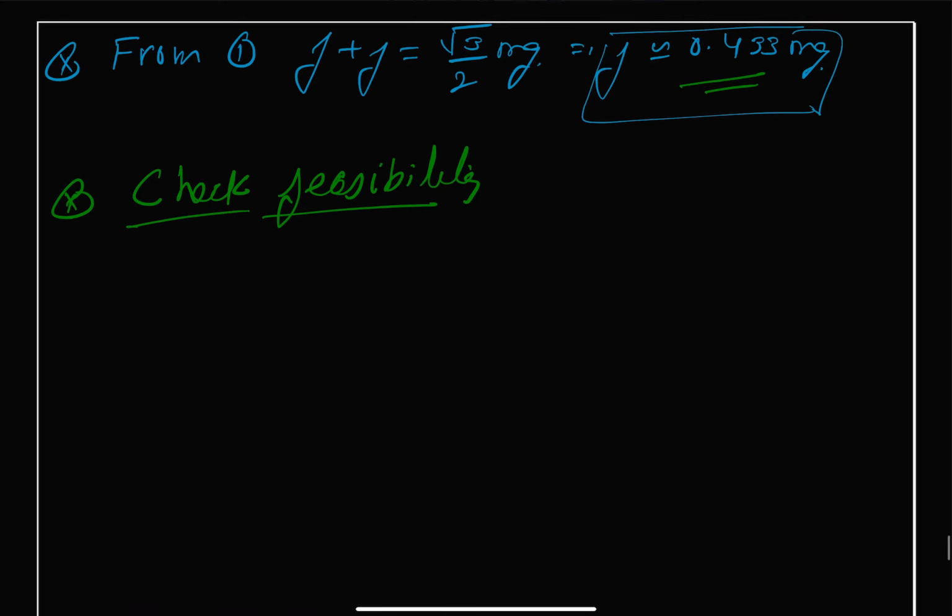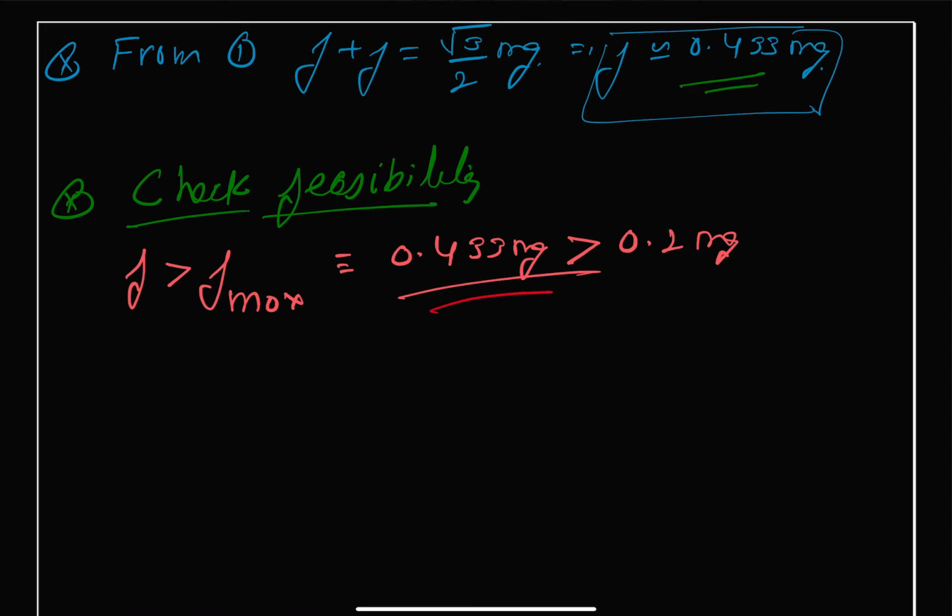We can say that our value of F is greater than our maximum value of friction. Okay, 0.433 mg is greater than 0.2 times mg. It means the required value of friction exceeds the maximum available static friction. Okay.